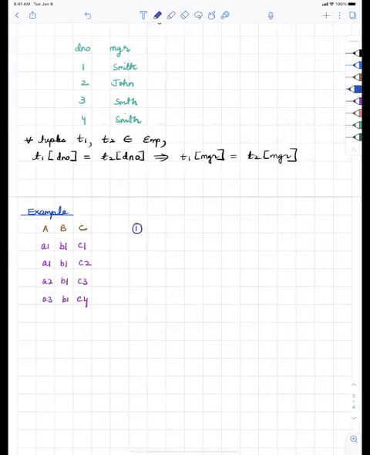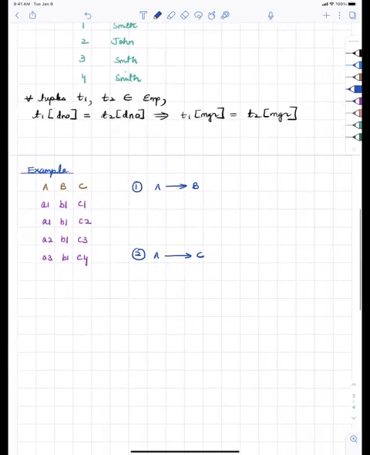The first one is, does A determine B? The second one is, does A determine C? And the third one is, does C determine B?